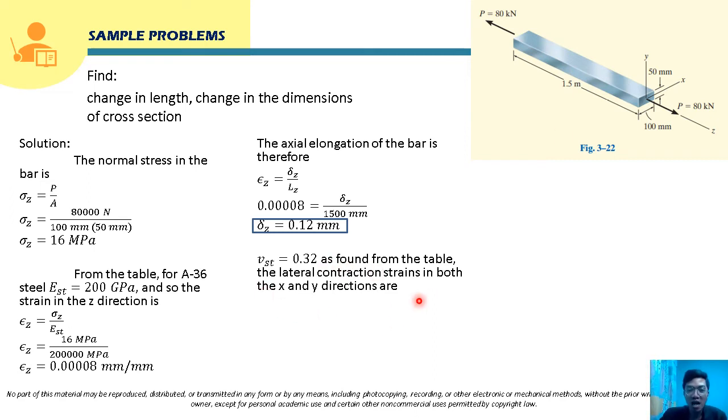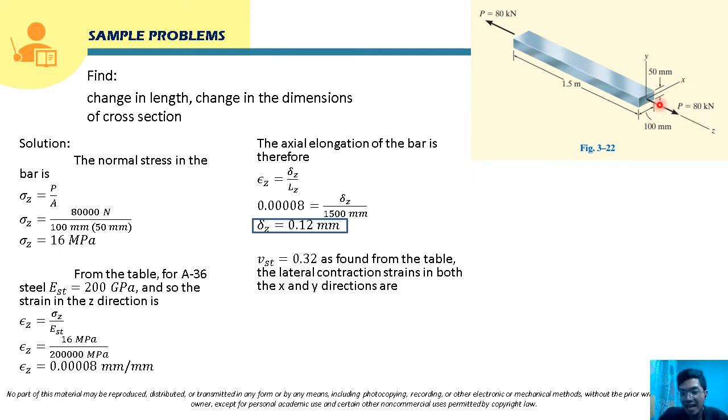So from here, we can use this data, this Poisson's ratio, in solving for the strains in the lateral direction of this bar. Let's say our reference axes here are y-axis, x-axis, and then z-axis.